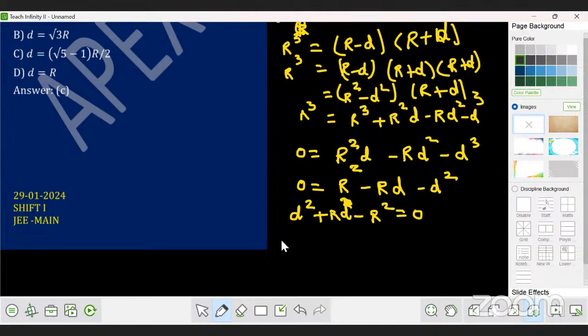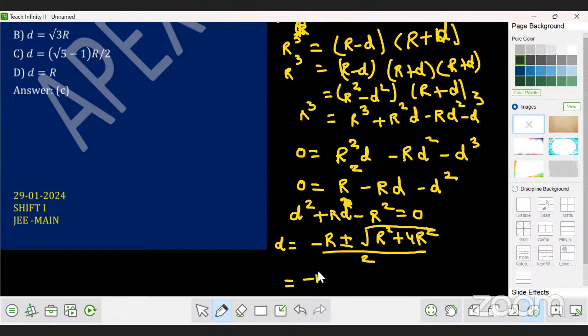It is a quadratic equation. Then d value will be minus b plus or minus root over b square minus 4ac by 2a only. Minus b in the sense minus r plus or minus root over r square plus 4r square, which will be 5r square only.